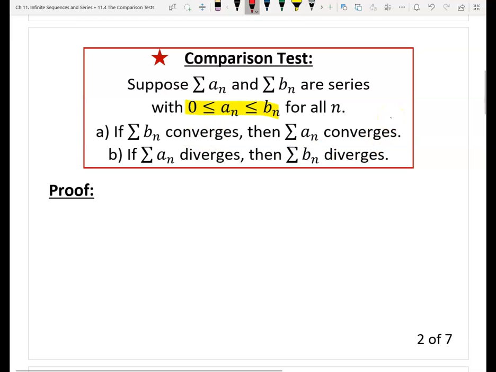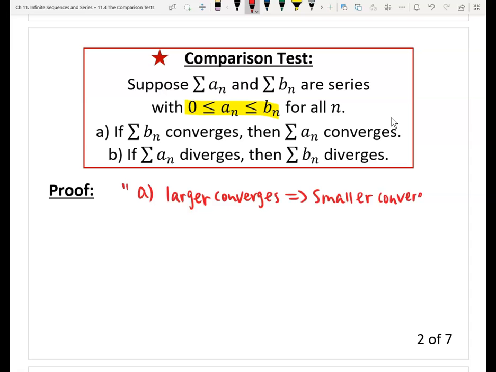For the first, the B series converges. So B is the larger one, right? So usually we say the larger series converges, and then a_n is the smaller series, so we say the smaller converges too. This makes sense, right?